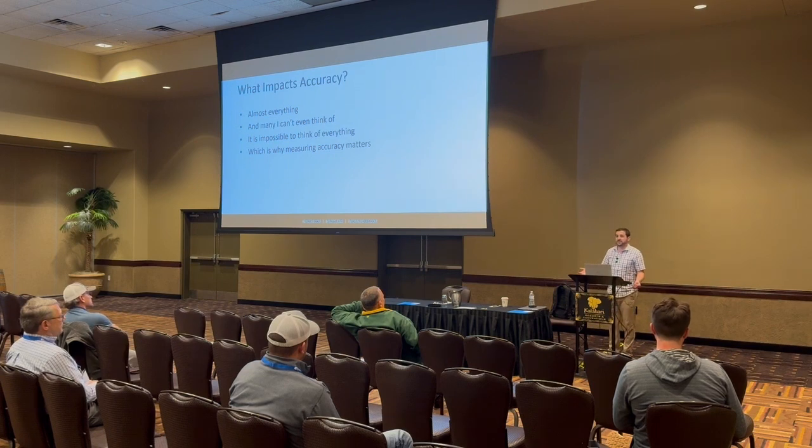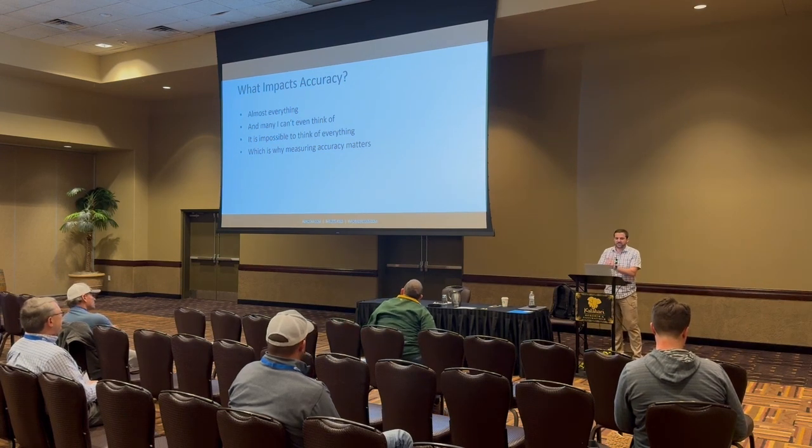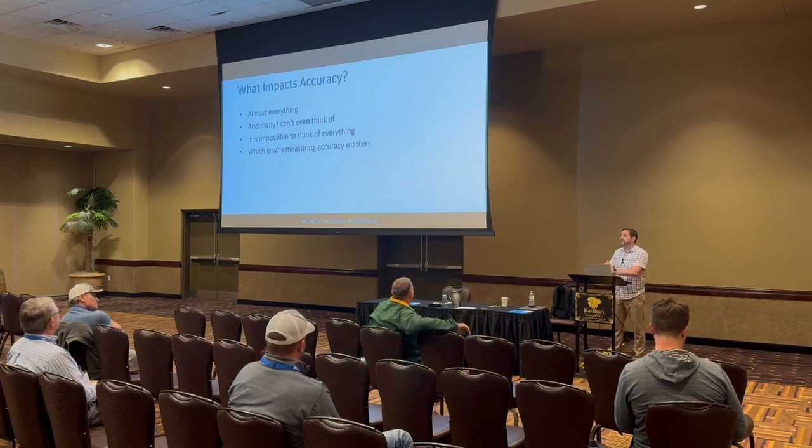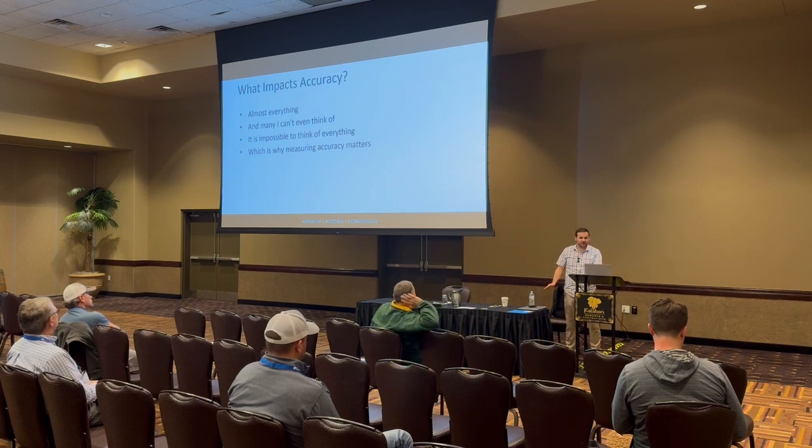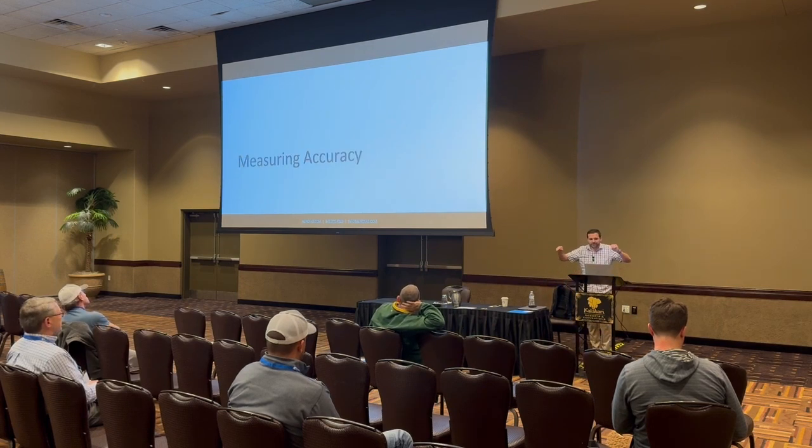Am I going to stand up here and say, well, because of that, you should never fly a job site where there might be bugs? That'd be insane. No, almost anything can impact accuracy. And honestly, there are lots of things that could impact accuracy that I can't think of and the most brilliant scientists haven't thought of. It's impossible to think of everything, which is why measuring accuracy actually matters and is very important. So let's get into actually measuring accuracy now.